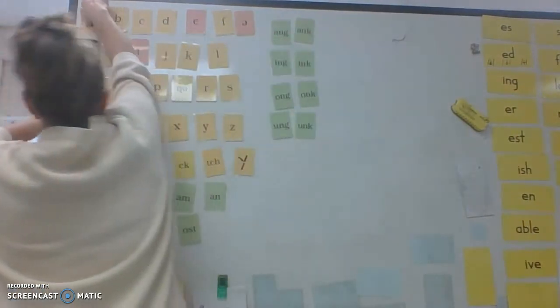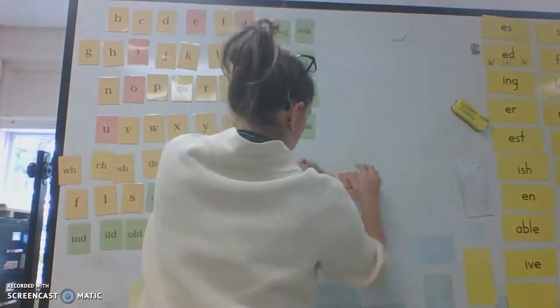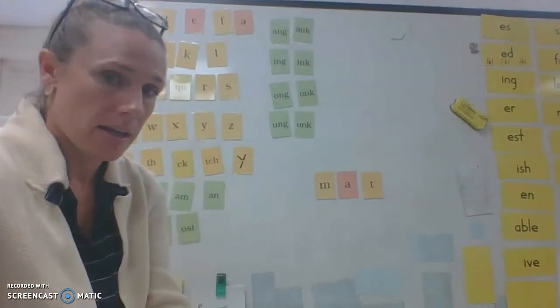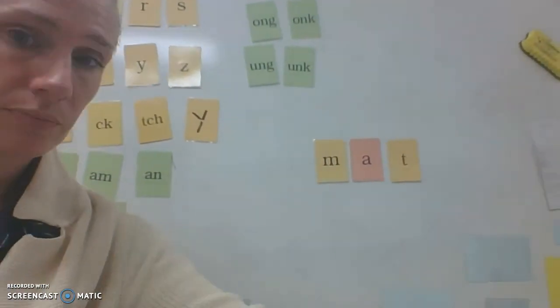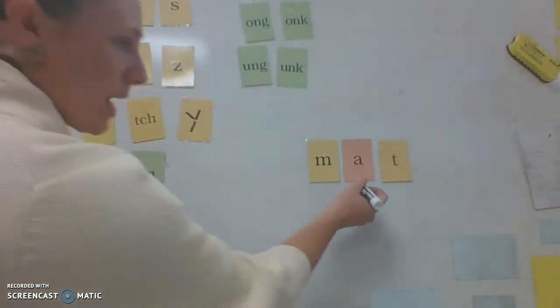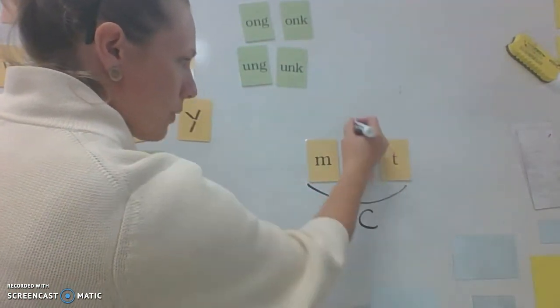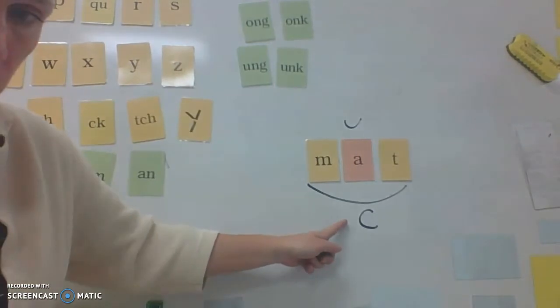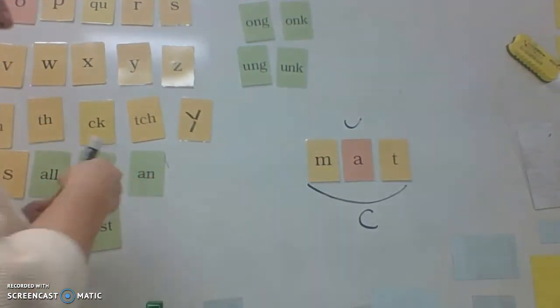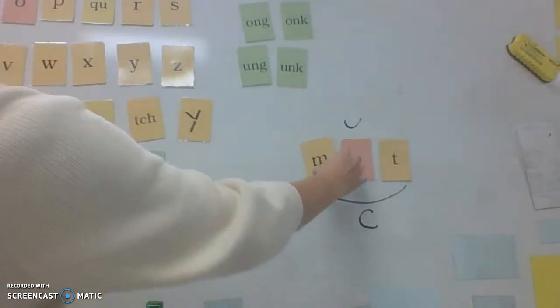So, my friends, what kind of syllable is this? We always find the vowel, and this one's closed in, right? So this is how we mark it. It's a closed syllable, and that's when the vowel is short.